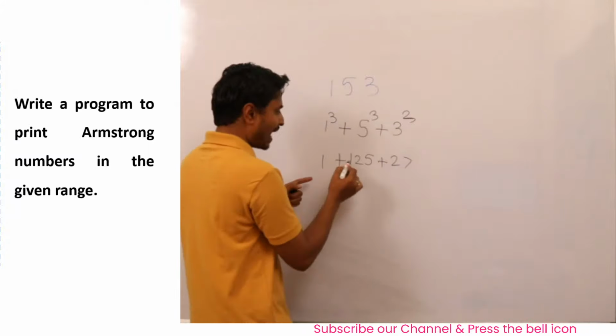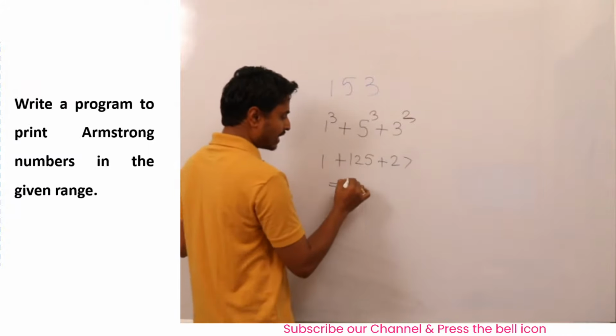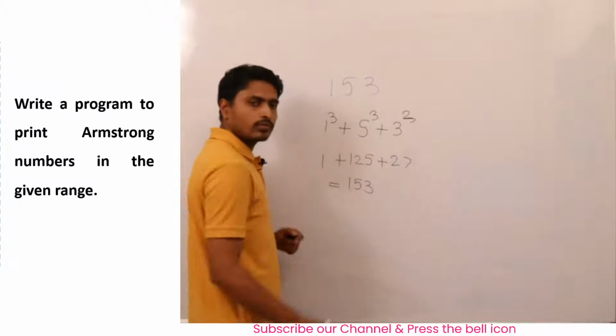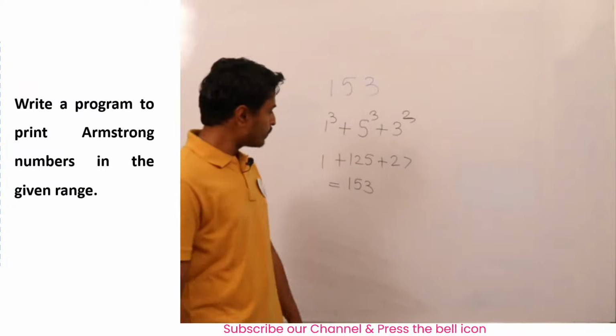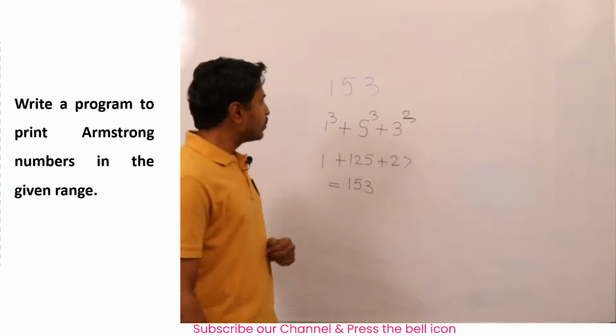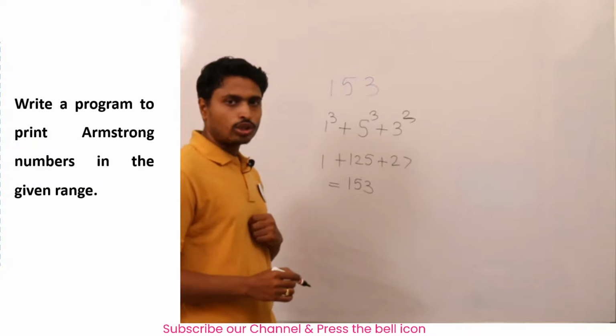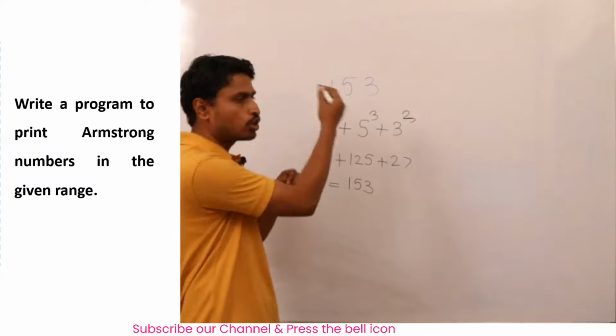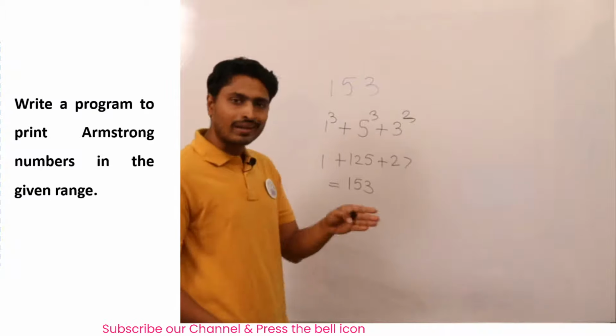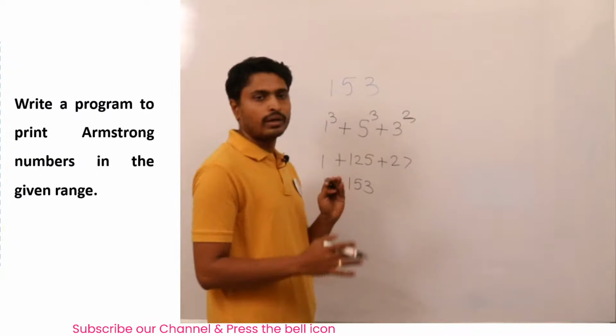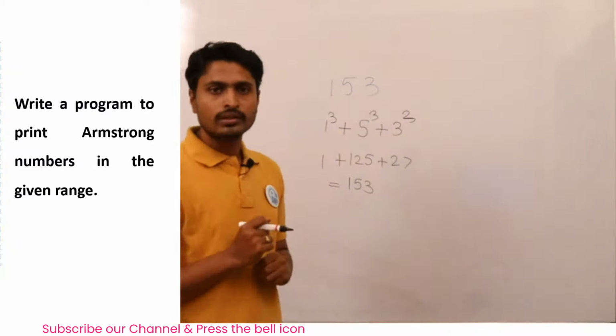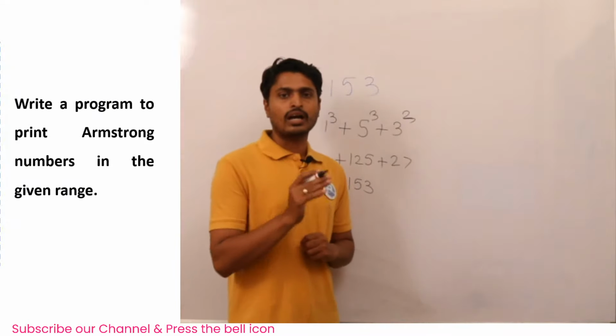We add these and get the answer 153. So what is the concept? If the addition of each and every digit's cube is equal to the number itself, then that number is called an Armstrong number.